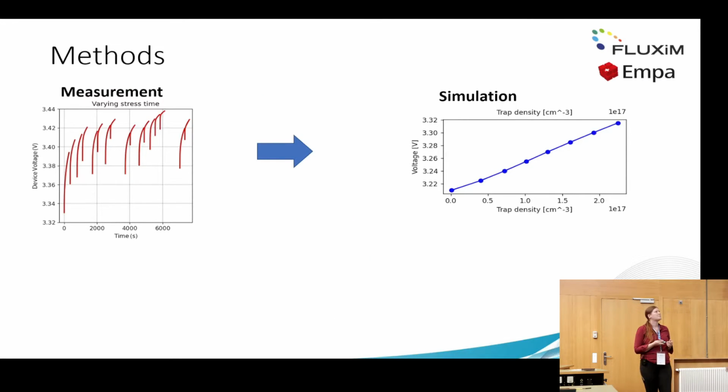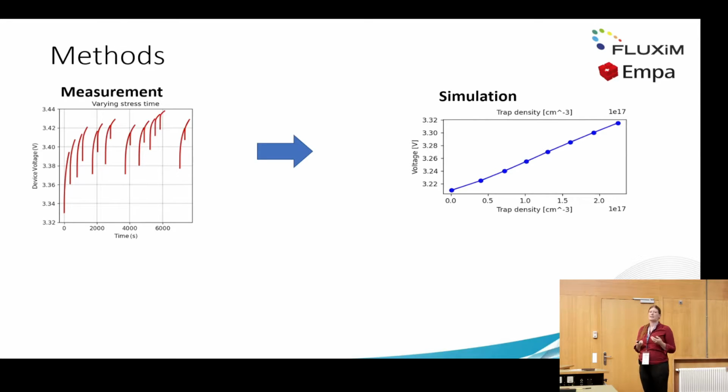Now the question is, okay, we know the energy of these trap states, but how many of those trap states are developing during this experiment? And it's not so easy to get from this measurement to our trap state density because it's not directly extractable.